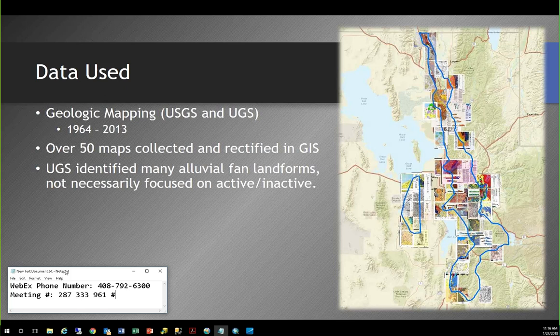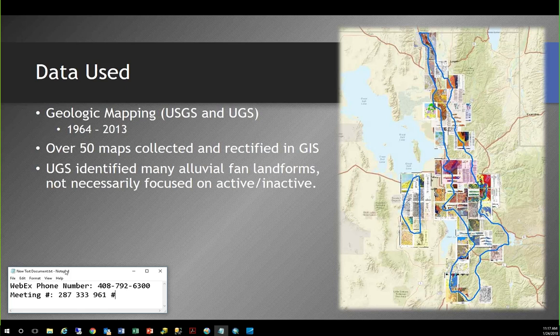So the USGS and the UGS have been actively mapping the geology of the Wasatch since at least 1964. These maps are not quite comprehensive yet for the whole range front, mostly, but not quite every area. And they're not all of the same scale or resolution.